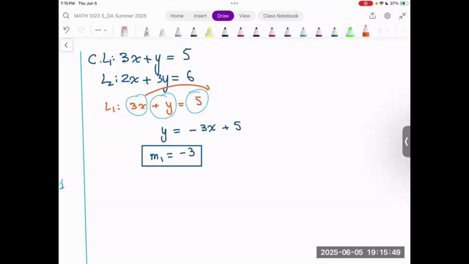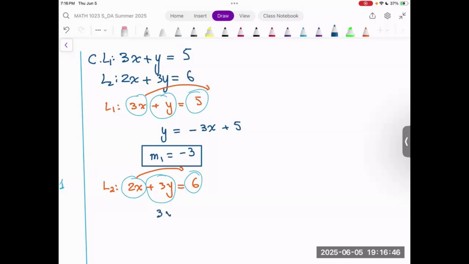Let's go to the second line, L2. We have 2x plus 3y equals 6. So here again, what are my three bubbles? We good? Now I always move the terms next to the y to the other side. So which one am I going to be moving? 2x to the other side, and that's going to turn into minus 2x.